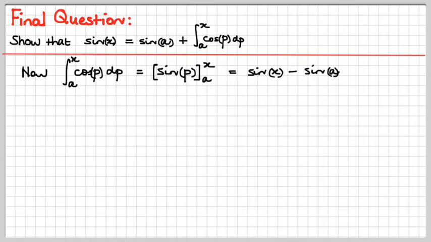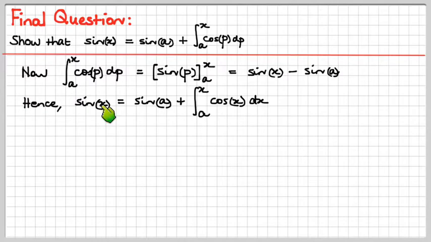So therefore, you can see that it's just fallen into our laps. That really says what that question is asking us to show by simply getting this term here and adding it to both sides. You can see that sine x equals sine a plus that thing there.